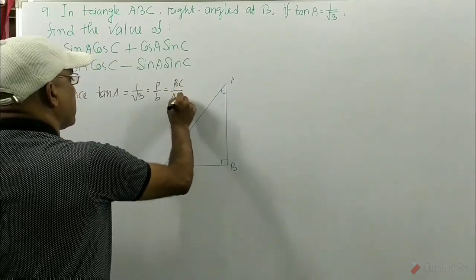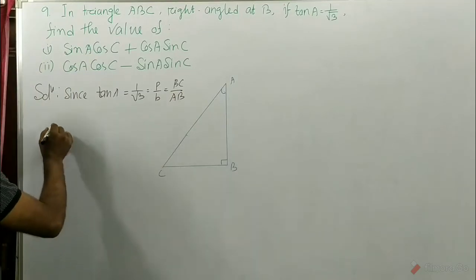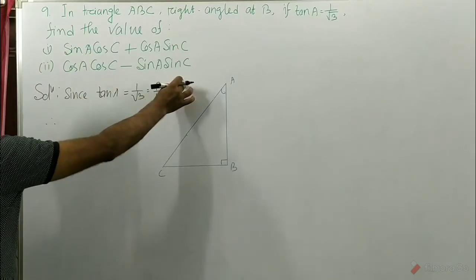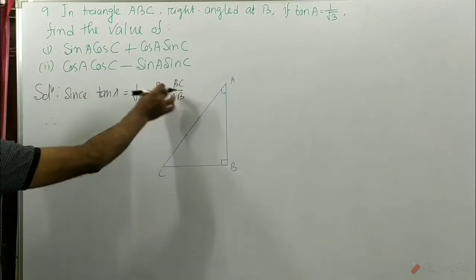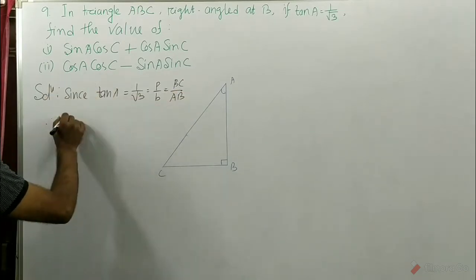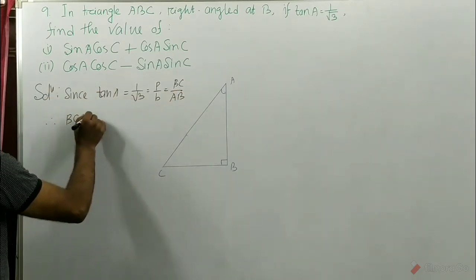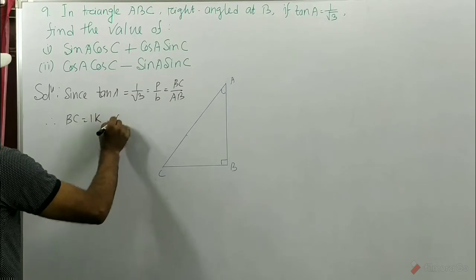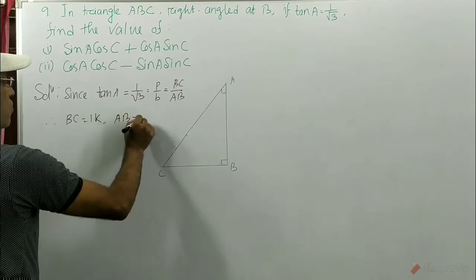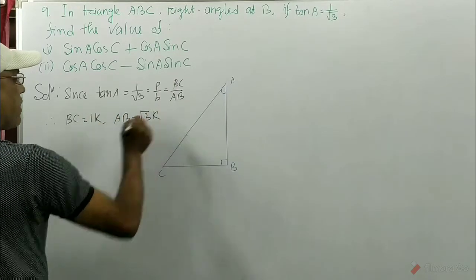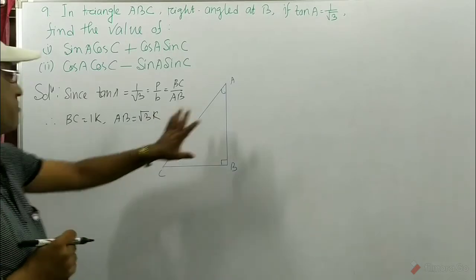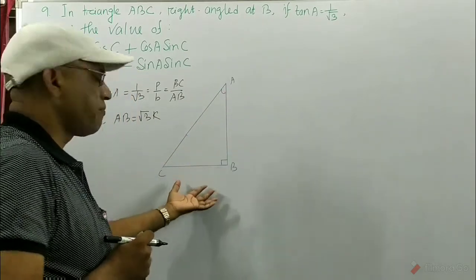Therefore we can write BC equal to 1K and AB equal to root 3K. So we get these two measurements, AB and BC.